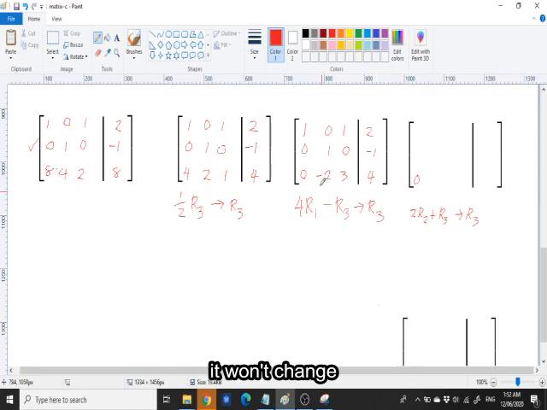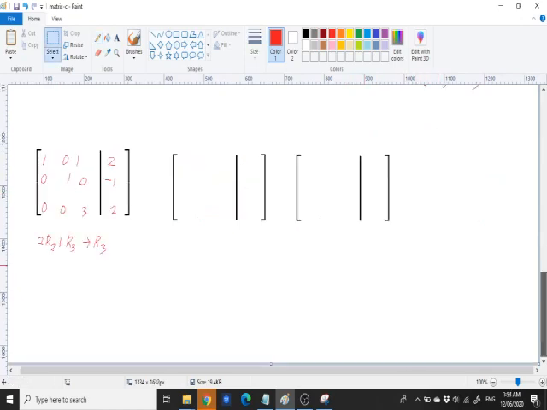Nothing will change. 2 times 1 is 2 plus negative 2 is 0. 2 times 0 is 0 plus 3 is 3. And then 2 times negative 1 is negative 2. Negative 2 plus 4 is 2. Right? And then all else is the same. Oh, so many empty spaces.